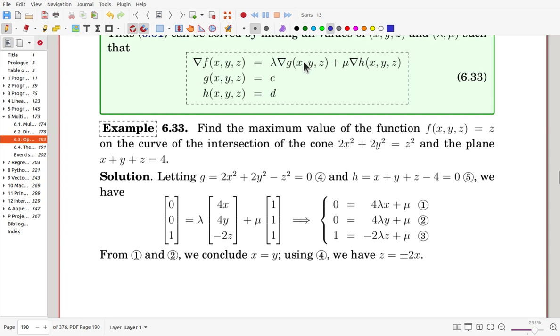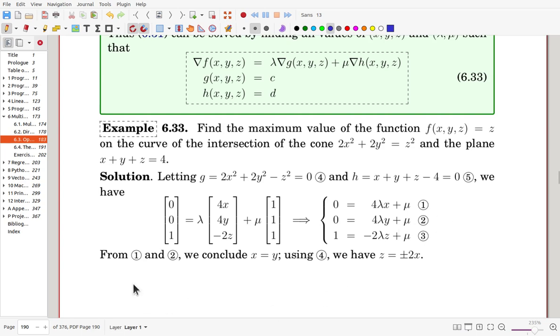Then by using this formula, gradient of f is lambda times gradient of g plus mu times gradient of h. Now, line by line, term by term, we write it this way. So we have 3 equations and an extra 2 equations.